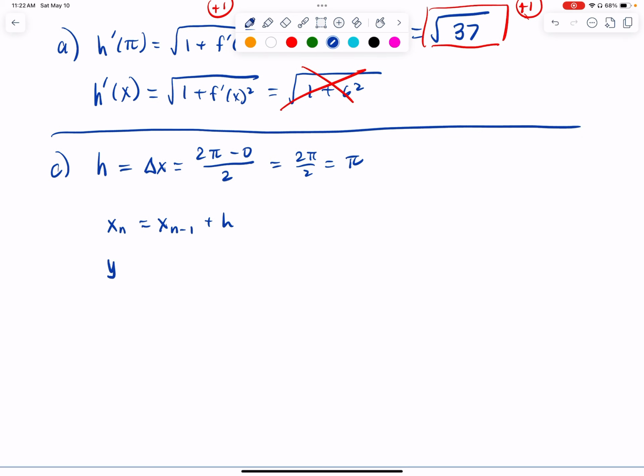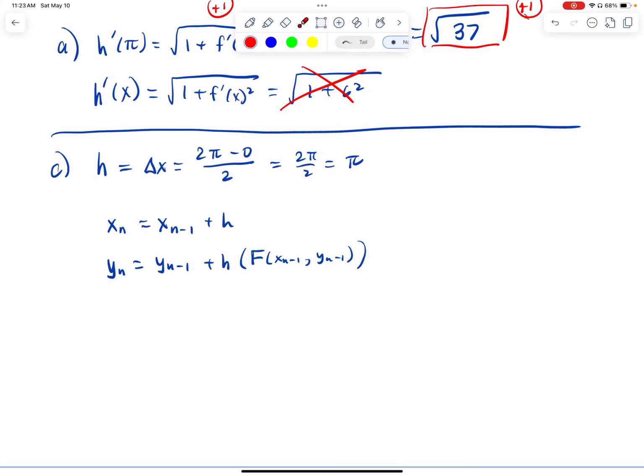And then for your y value, any nth y value is the previous y value plus the step size times the previous slope. So the slope evaluated at your previous x and y values. So f of x sub n minus 1, comma, y sub n minus 1, right?